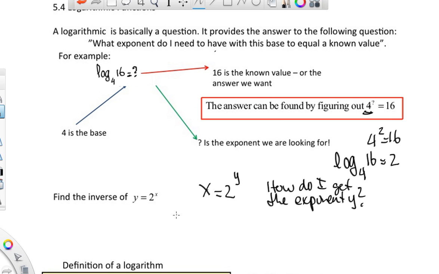Well, a log 2 on both sides will bring that exponent down if we define a log as the inverse of an exponential expression. So the log 2 of y just gives you the value y. So log 2 of x is the inverse of y equals 2 to the x.